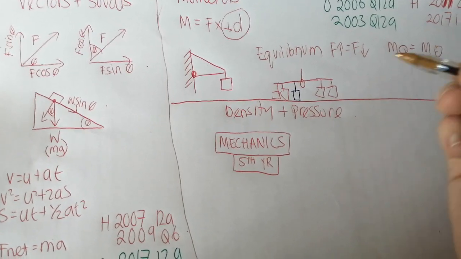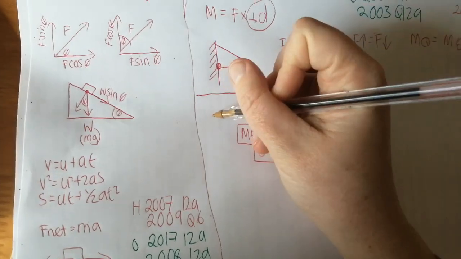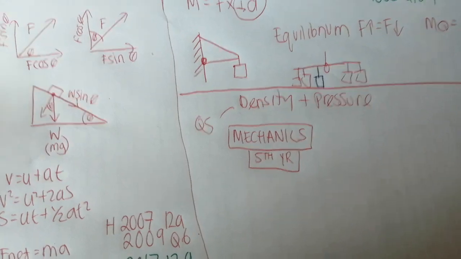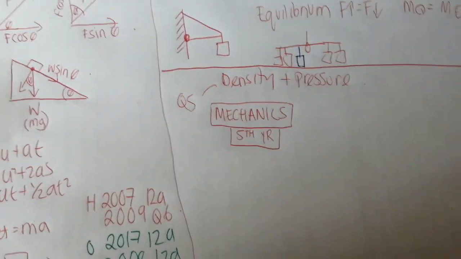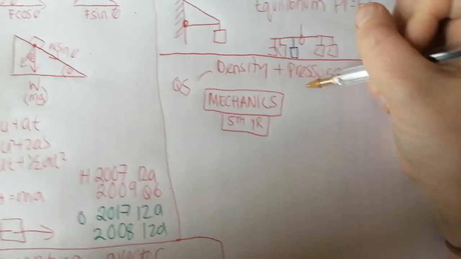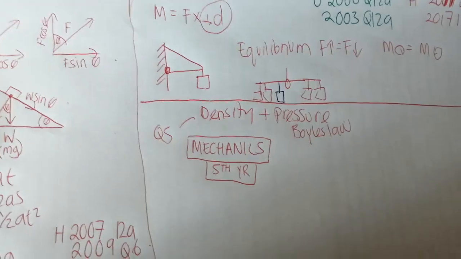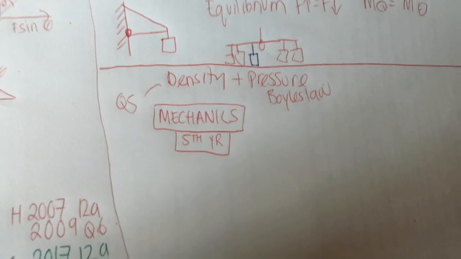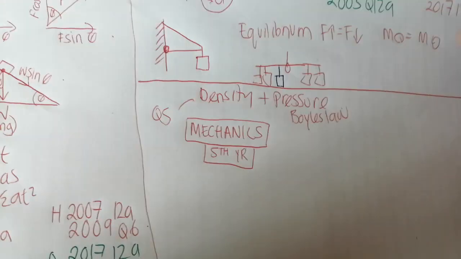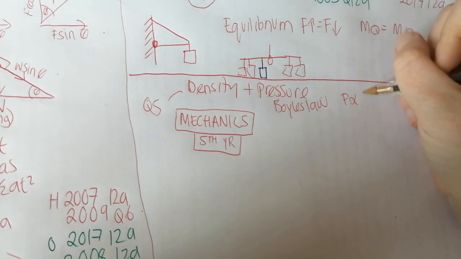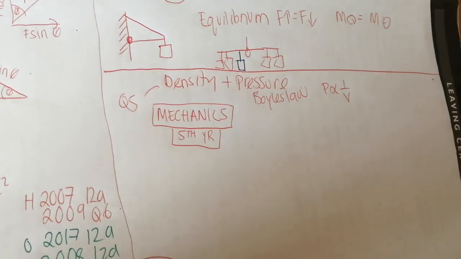So density normally comes up as a question 5, so a short question. With pressure, what's commonly asked is your Boyle's law definition. Boyle's law says that for a fixed mass of gas at a constant temperature, pressure is inversely proportional to volume.